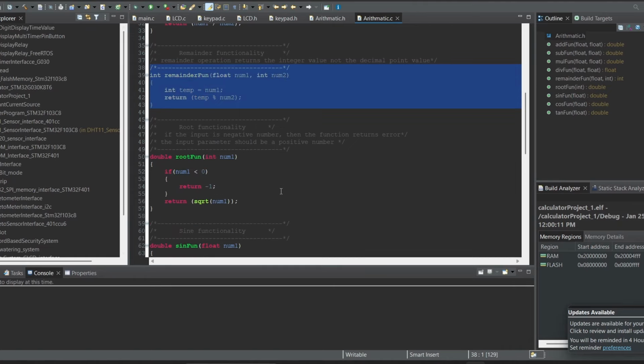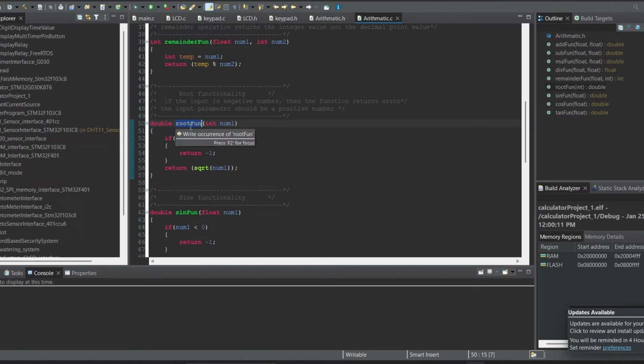Now we have implemented the root functionality. If we enter a negative number, it will simply return an error. Whenever we want the root of a number, the number must be positive, and only then will we get the correct result.